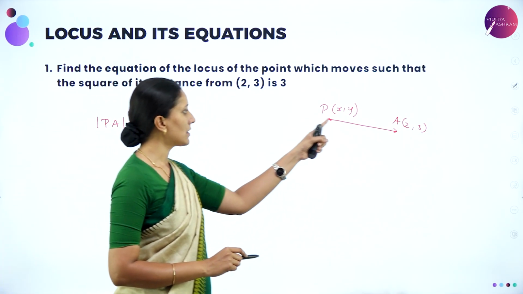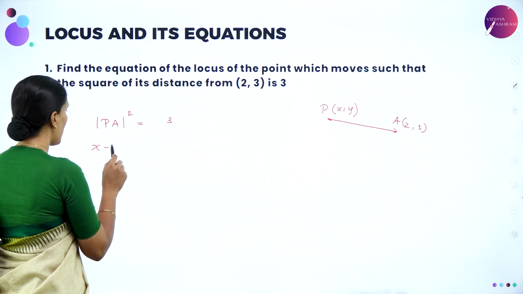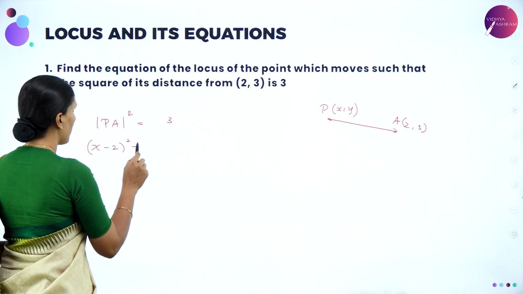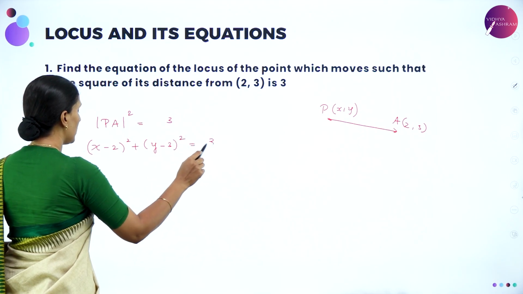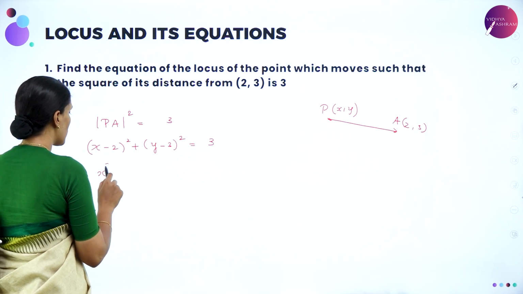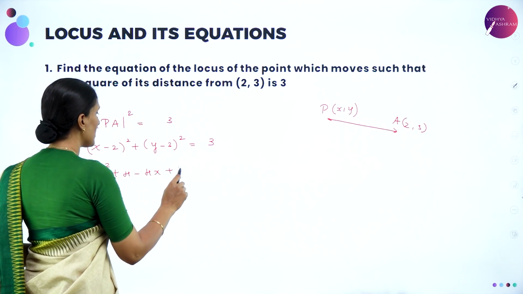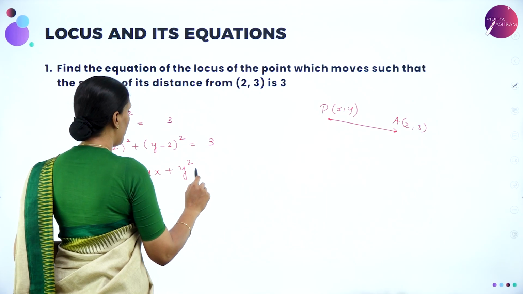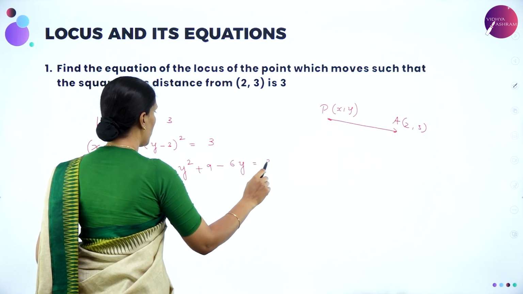Now let us apply the distance formula for P and A. So this becomes (x minus 2) whole square plus (y minus 3) whole square is equal to 3. Let us solve this. x square plus 4 minus 4x plus y square plus 9 minus 6y is equal to 3.